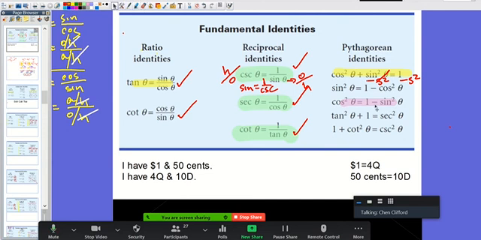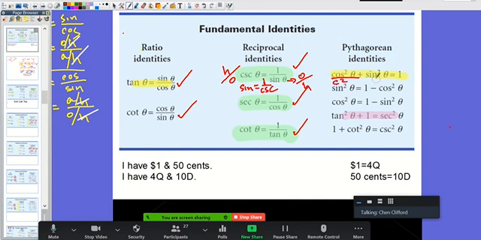Now let's look at this pink highlight here. How did they get to that pink highlight? Well, all they did was divide everything by cosine squared.